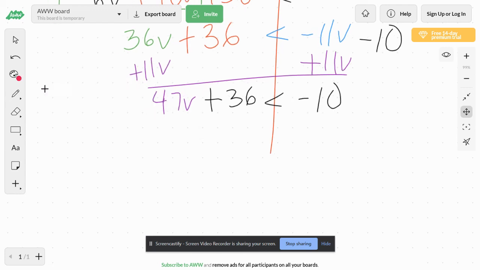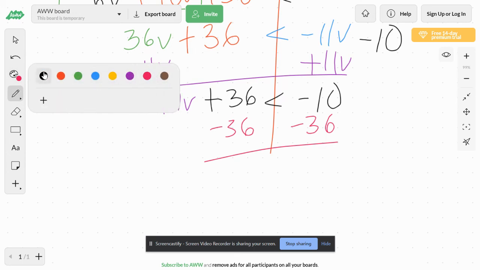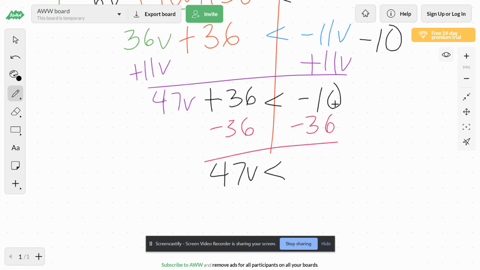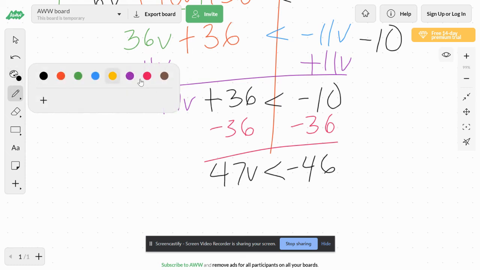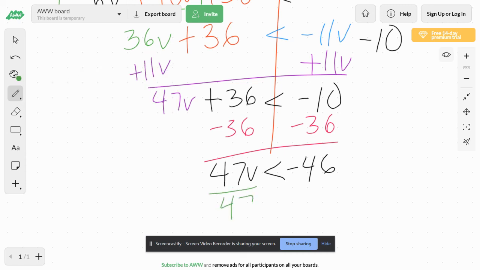Minus 36 from both sides. So I get 47v less than or equal to negative 46. Divide both sides by 47. And 47 doesn't go into 46.